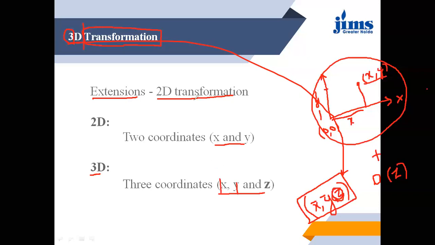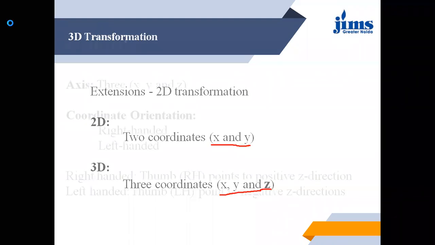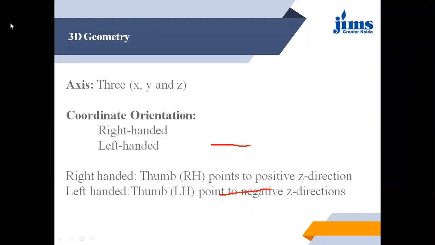So 3D transformation is the extension of 2D transformation. In 2D, we represent the object using two coordinates, whereas in 3D we represent an object using three coordinates, on the x-axis, y-axis and z-axis.